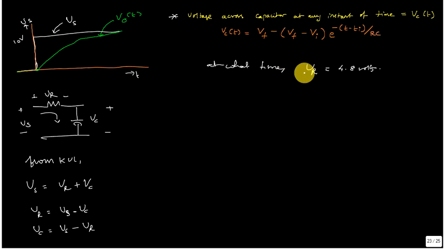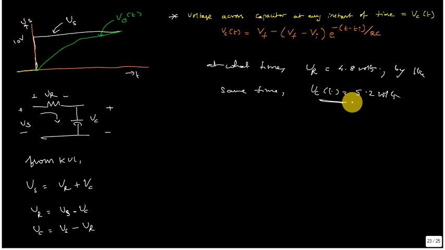At what time VR reaches 4.8 volts, by the same time the voltage across the capacitor will be equal to 5.2 volts, so that the sum of these two will be equal to 10 volts.